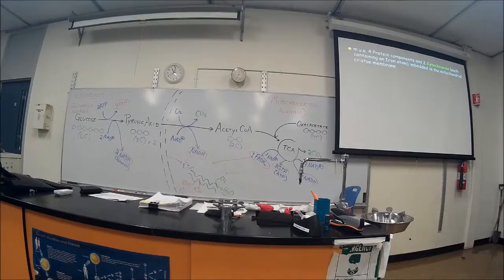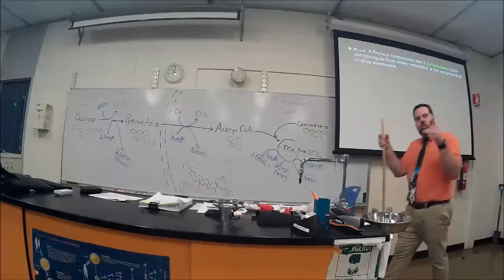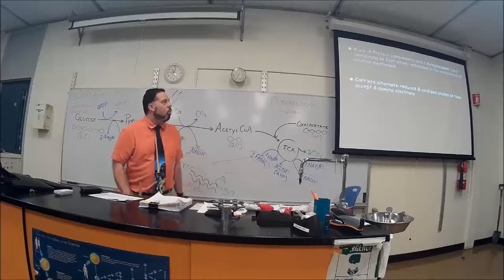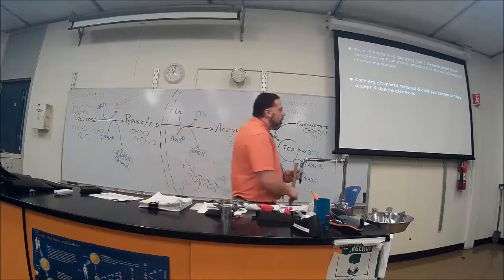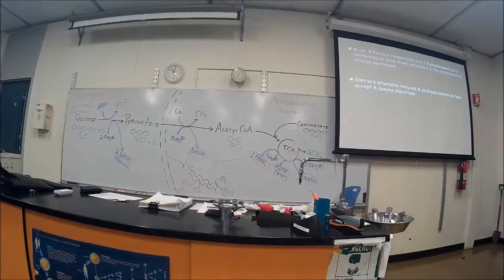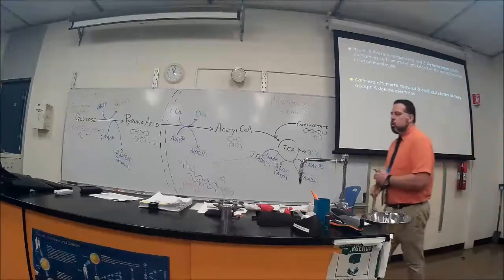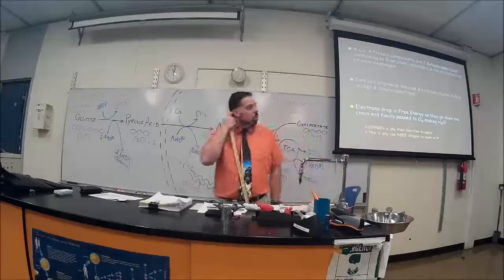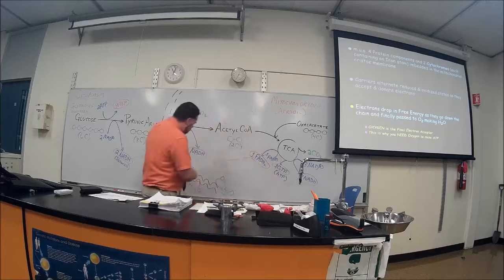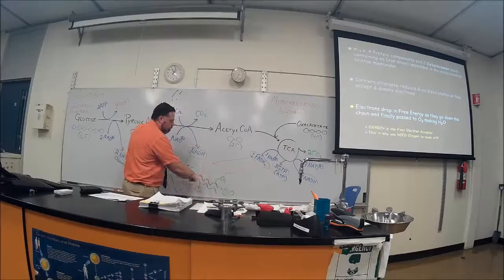And it's embedded into the cristae, the inner membrane of the mitochondria. The carriers will alternate, reduce and oxidize, and accept and donate electrons. That's what's happening over here, step by step.